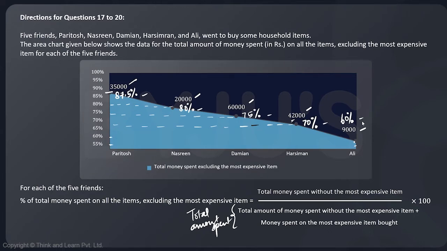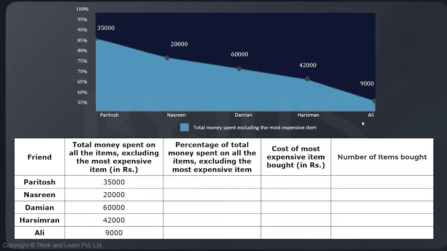And this will help us figure out the cost of the most expensive item, and which will also help us figure out what is the total money that they have spent. So these are the values that we are already given. So percentage for Paritosh was 85%, and that for Nasreen was 80%. For Damian, it was 75%. For Harsimran, 70%. And for Ali, it was 60%.